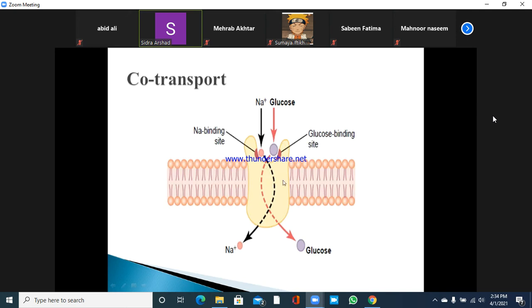Now in secondary active transport, this sodium is moving because of that energy stored in the form of a concentration gradient, okay? And it is also dragging along the glucose molecule, and both of them are moving in the same direction. So that's why we call it co-transport. So I hope you are getting my point when I'm saying that in secondary active transport, the ATP is used indirectly. Is that point clear to you?